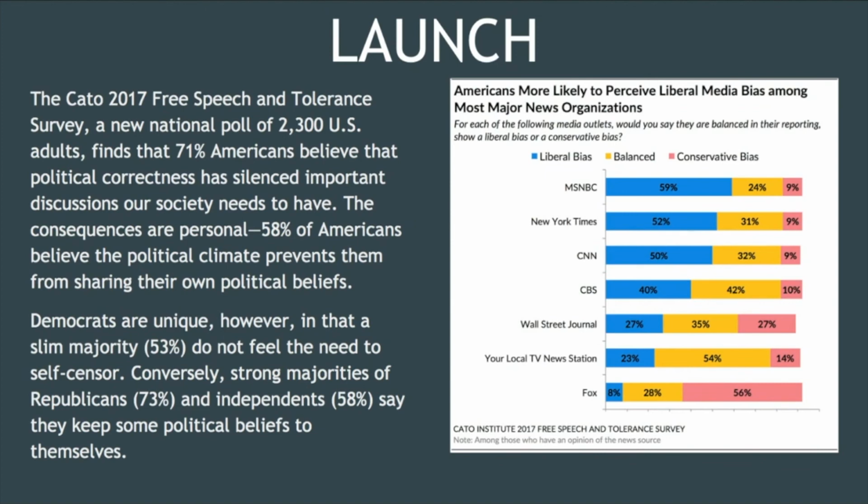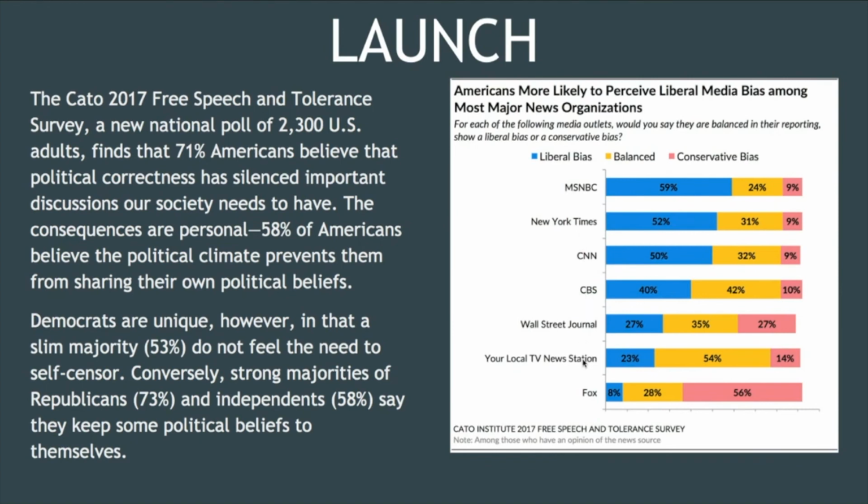Now, look, they've separated this into liberal bias, people that lean far left, and conservative bias, people that lean far right, and people that kind of ride the fence. They're in the middle. They're balanced. So, for each of the following media outlets, which are balanced in their reporting and which show liberal or conservative bias?